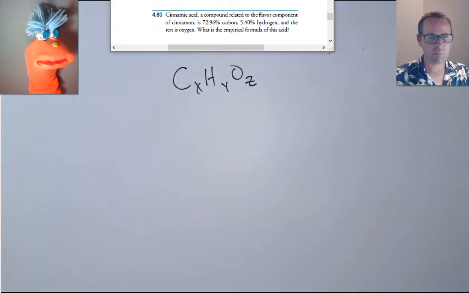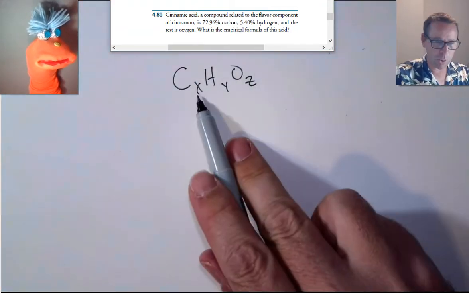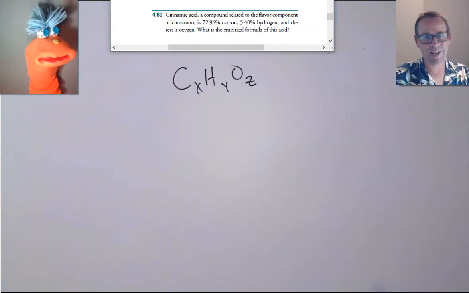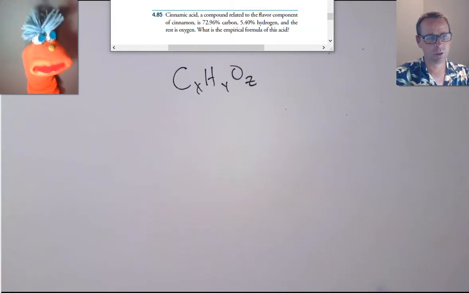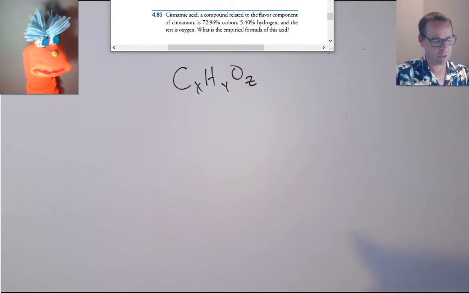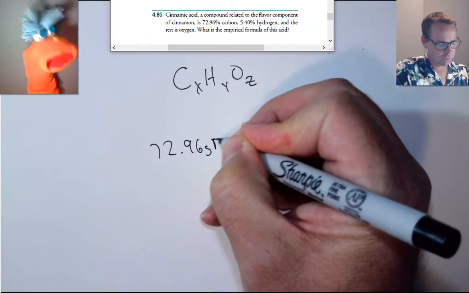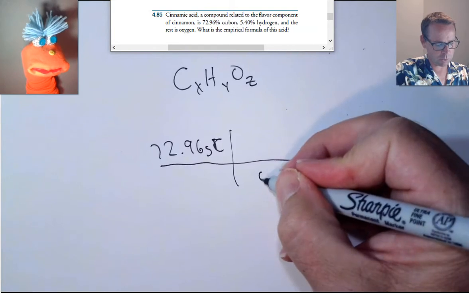And now how are we going to get the moles, that's what this X, Y, and Z is, right, from 72.96%? Well, you said that the 72.96% is in grams, so that if we had a 100-gram sample, it's like 72.96 grams of carbon. That's right. So what would we do with that? Convert it to moles. Why do we convert it to moles?